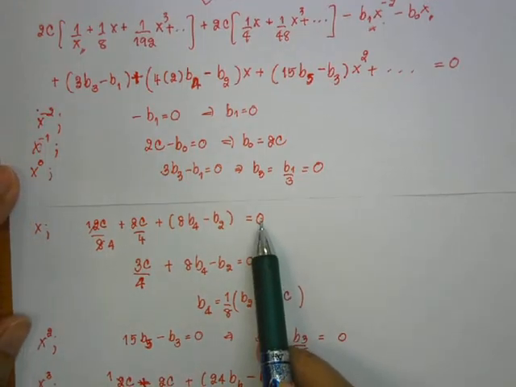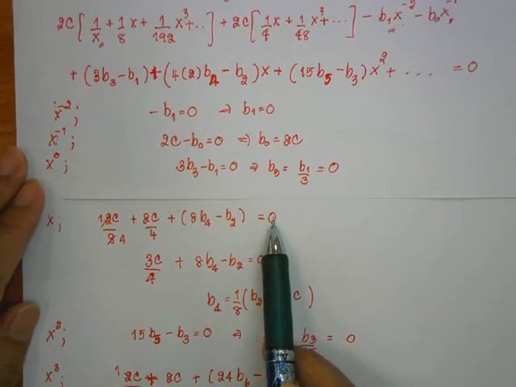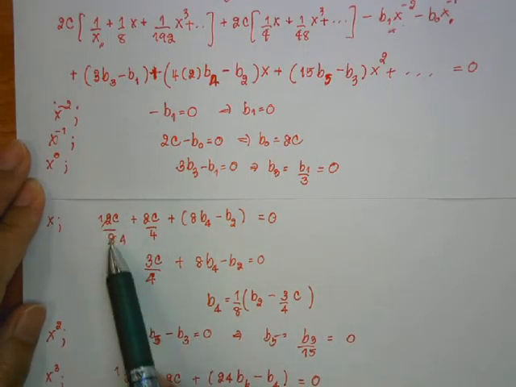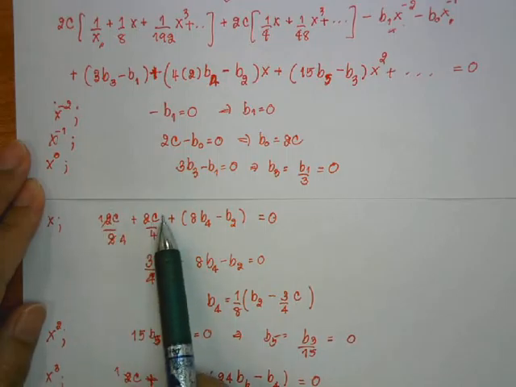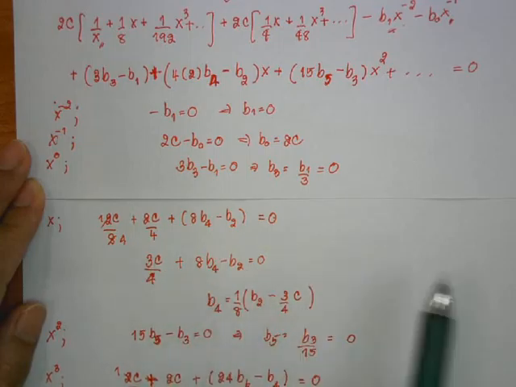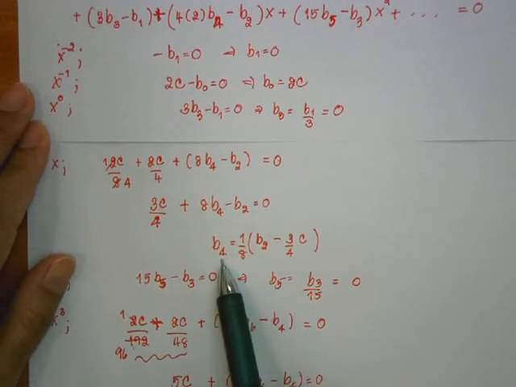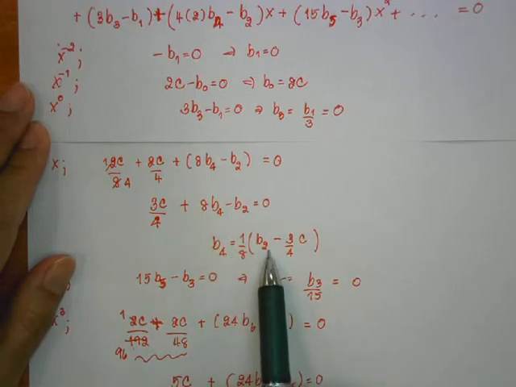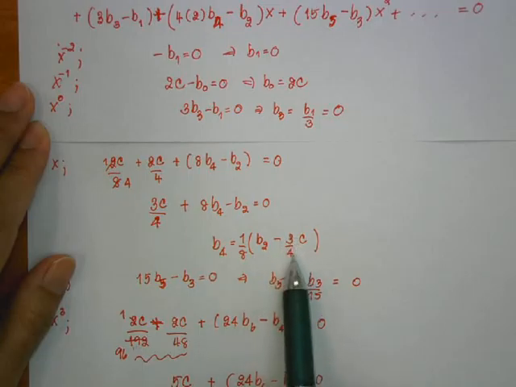This is the comparison of x to the power 1. From here, this one is cancelled out, and we get 1 over 4 plus 2 over 4c, equal to 3c over 4. Now we know from this equation that b4 is equal to 1 over 8 times b2 minus 3 over 4c.